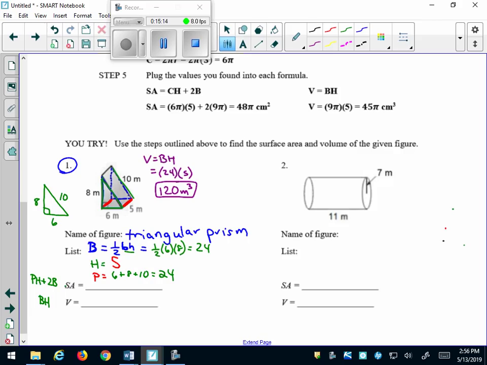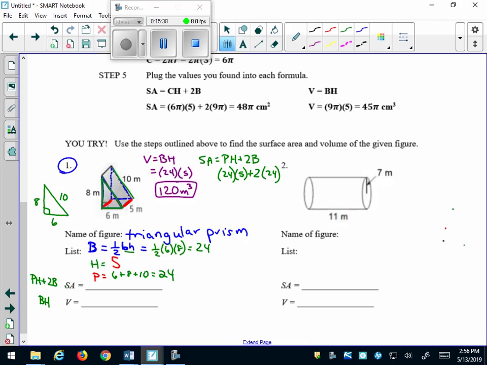Okay? And then surface area is pH plus 2B. Again, we're just plugging in what we already figured out. P we already figured out is 24. H is 5. Plus 2 times the area of the base is also 24.